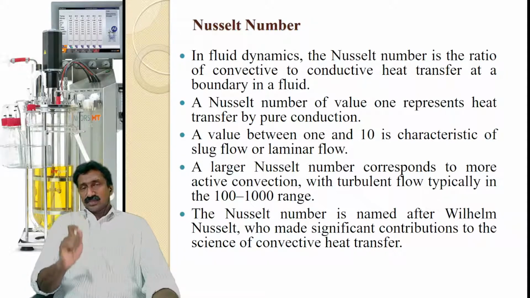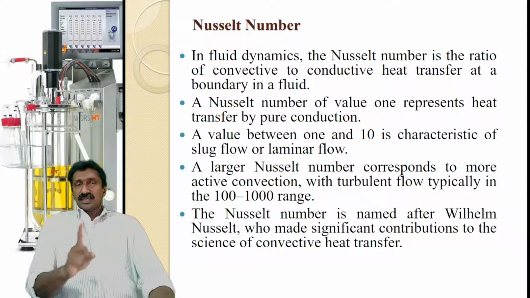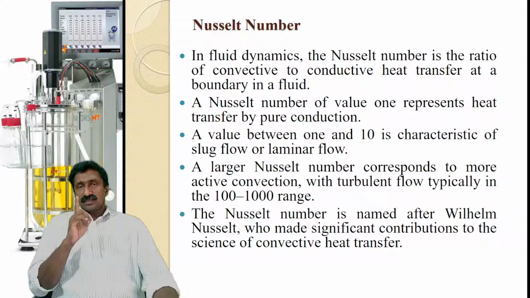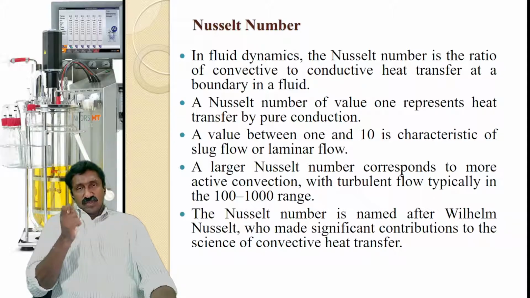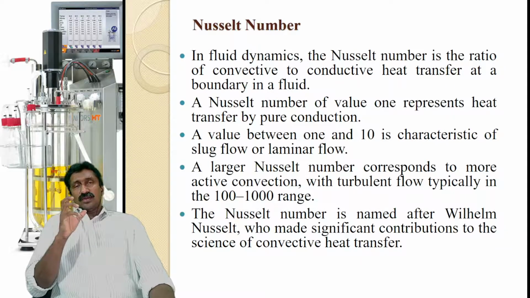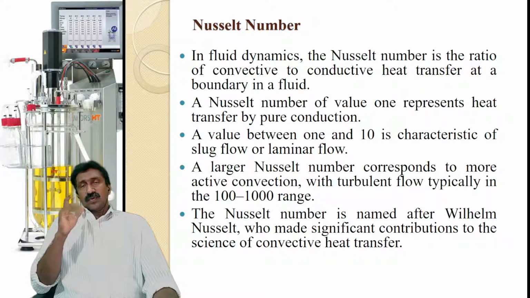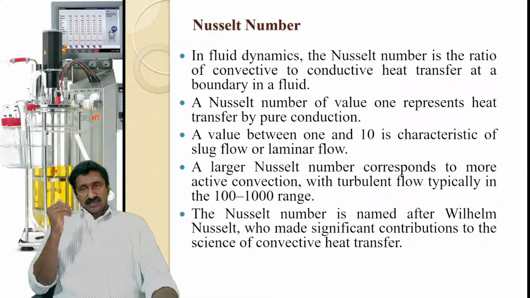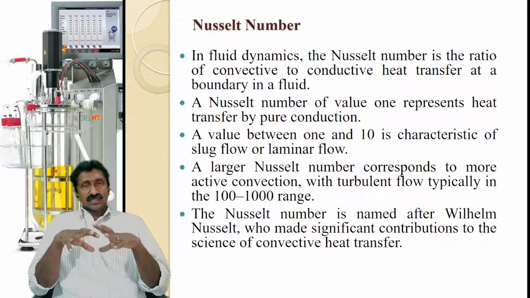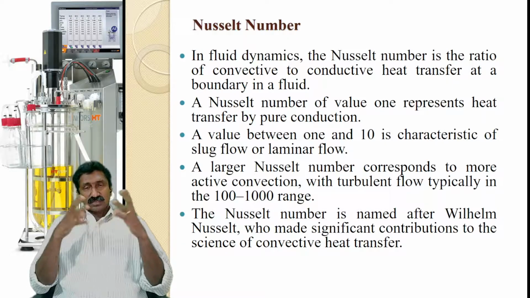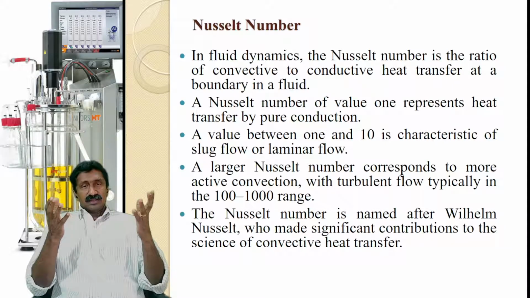A Nusselt number of value 1 represents heat transfer by pure conduction. If the heat transfer is only through conduction and not through convection, then the Nusselt number is 1. A value between 1 and 10 is characteristic of a very slow slug flow or a laminar flow process, and a larger Nusselt number corresponds to more active convection. So if the Nusselt number is higher, that means there is more active convection.